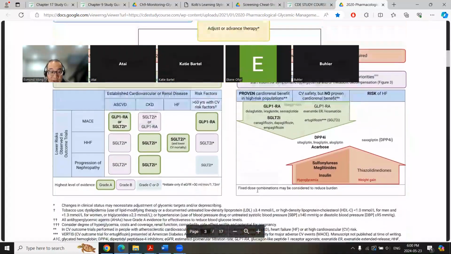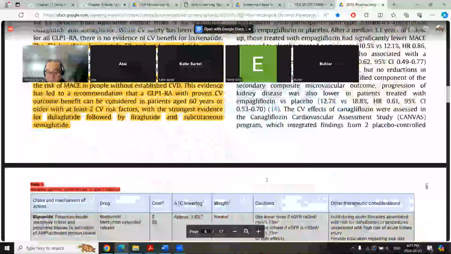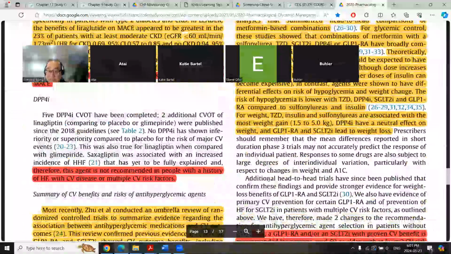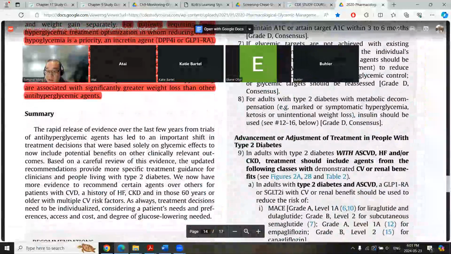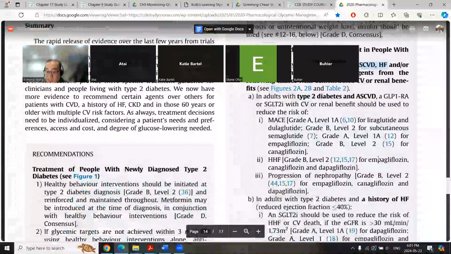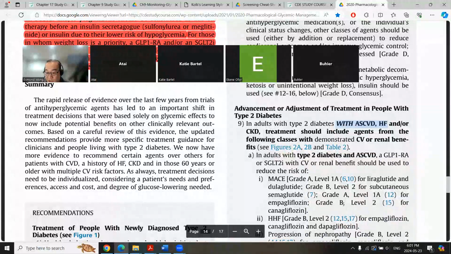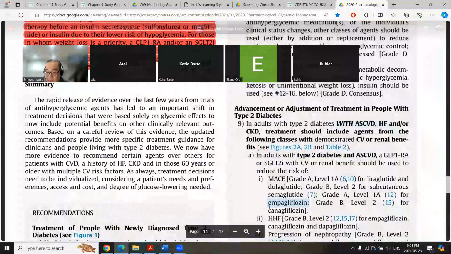But for prevention of CV, if you look at the outcomes in patients with ASCVD, you can see Forxiga does not actually show up here. You've got empagliflozin, which is Jardiance, and canagliflozin, which is Invokana.